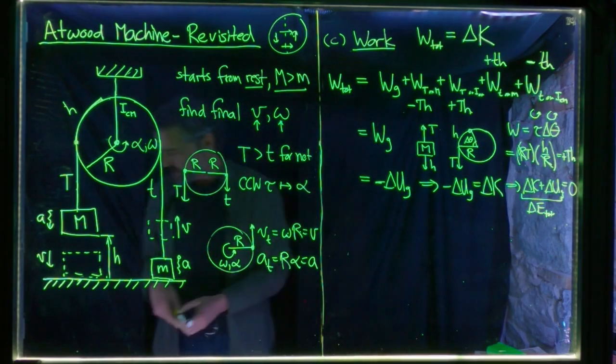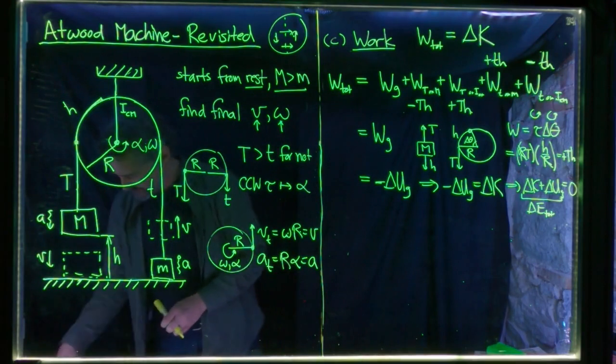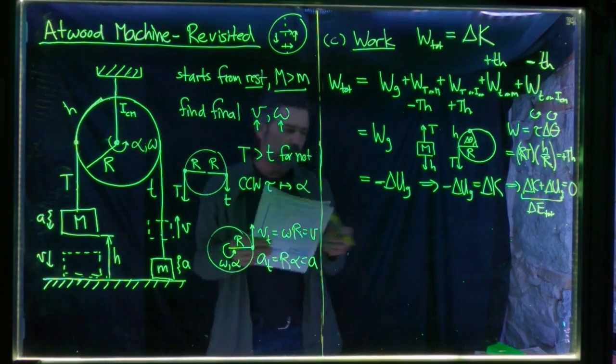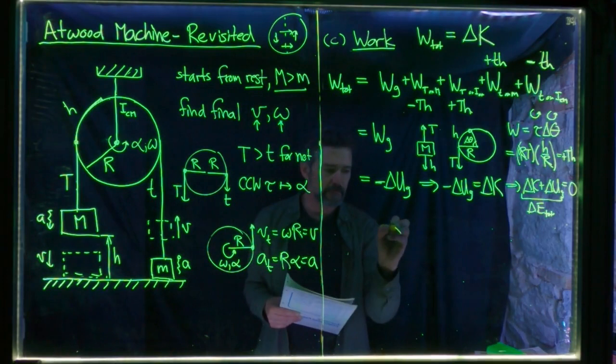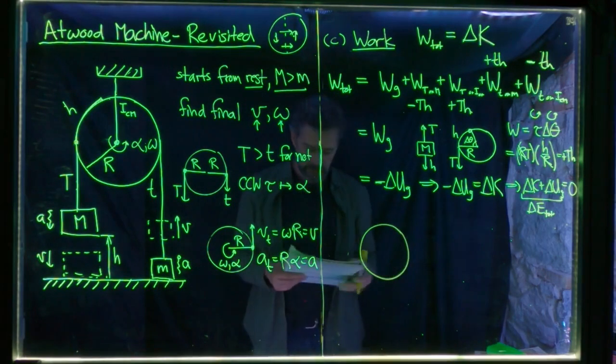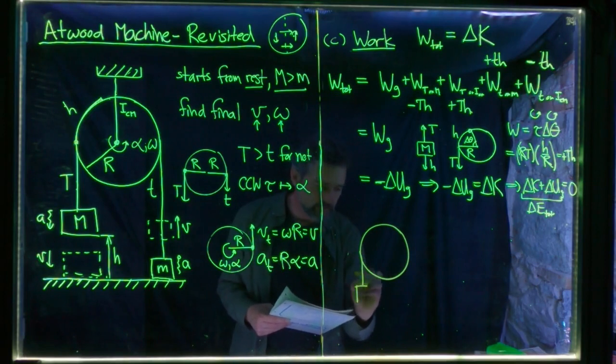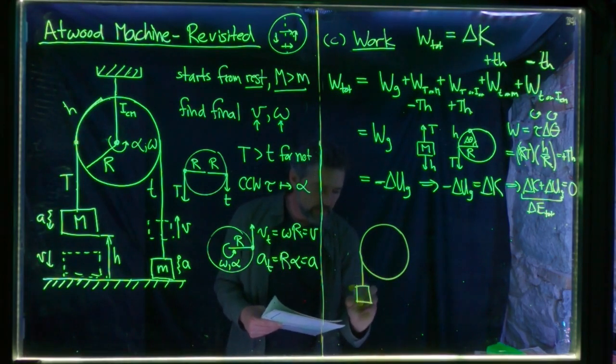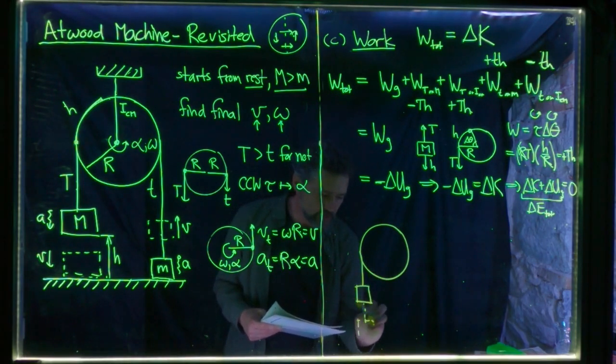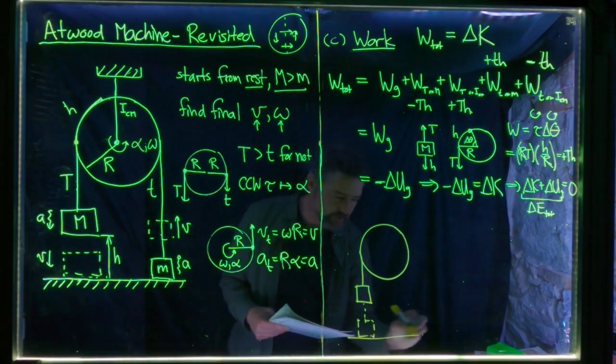So what we've basically got here is this pulley, and we've got a mass big M attached to it, and that mass big M falls through some height h and lands on the ground.